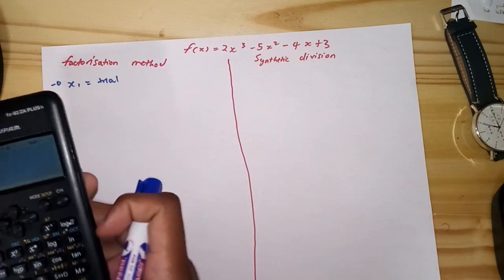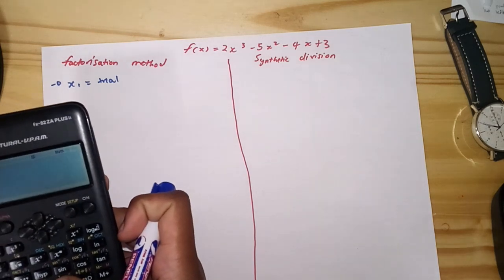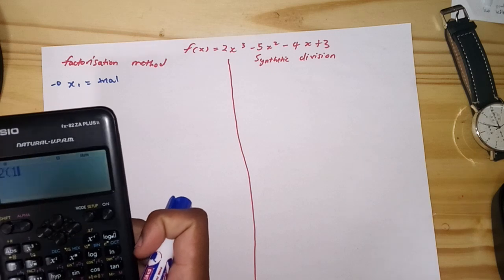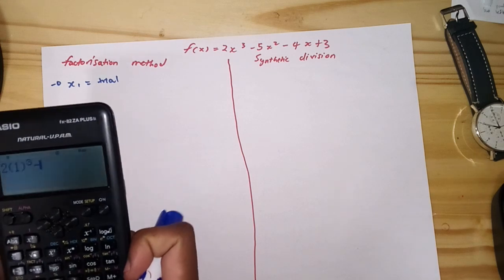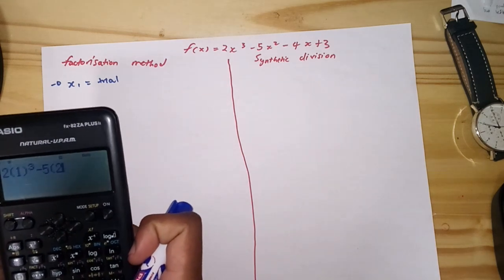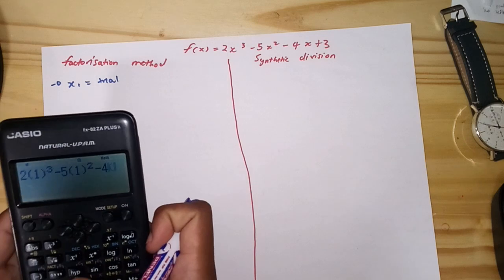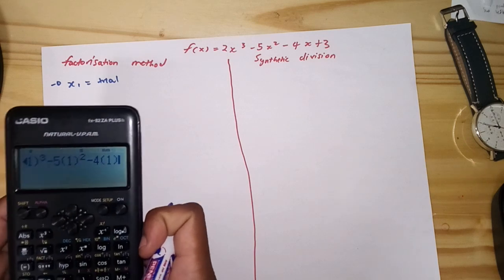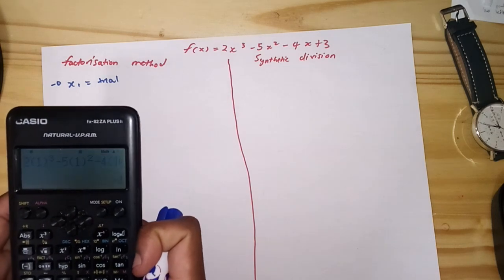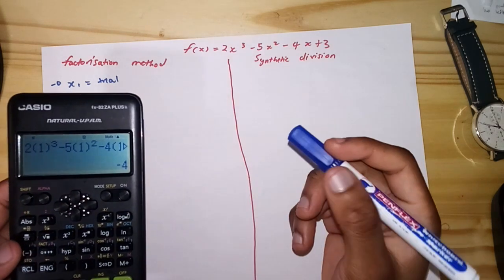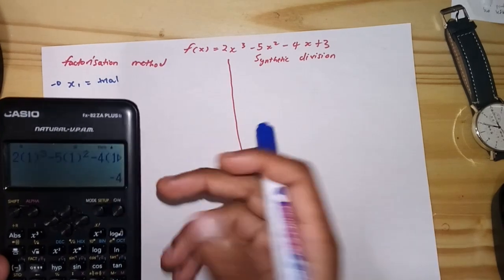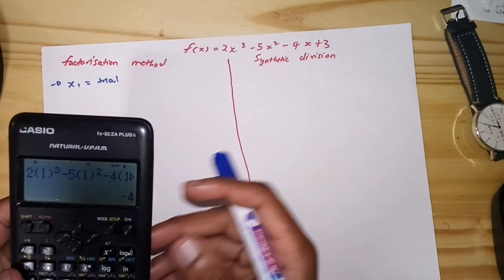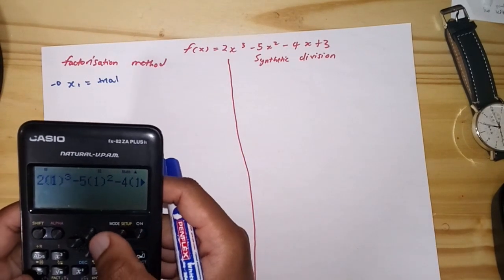So we can try 1. So let's say 1 cubed minus 5 squared minus 4 times 1 plus 3. That one will not be effective because it does not give you a y value of 0. It gives you minus 4.